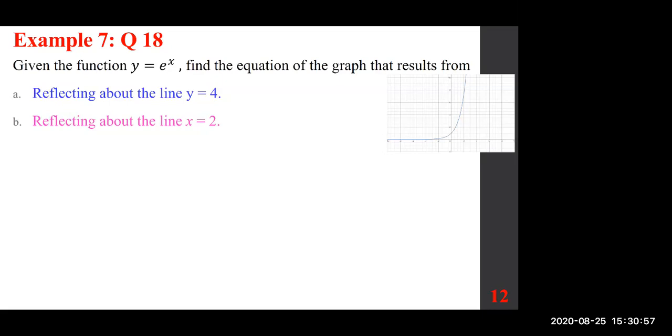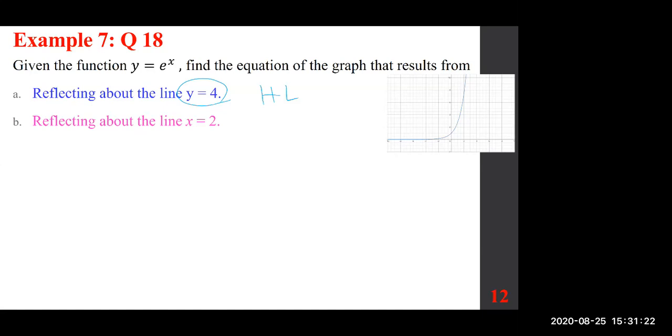The first thing you need to remember, y equals 4 is a horizontal line. So this is a horizontal line, and remember, the x-axis is a horizontal line. So that's the concept. You are really thinking about the x-axis, in this case, y equals 4.